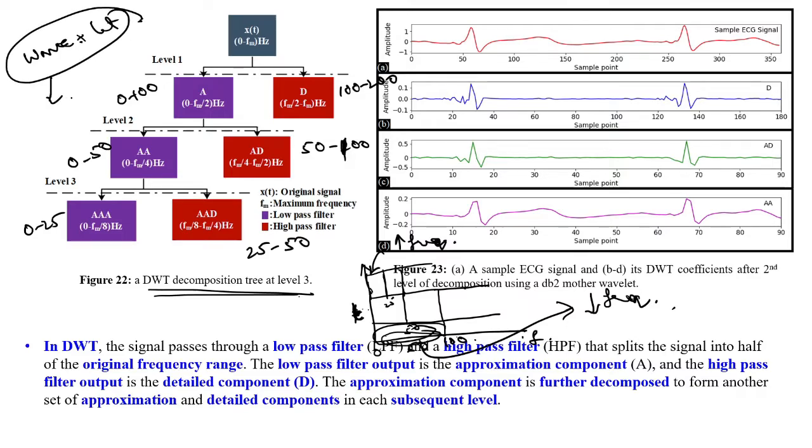So these wavelets, they are short duration signals and they have an average value of 0.